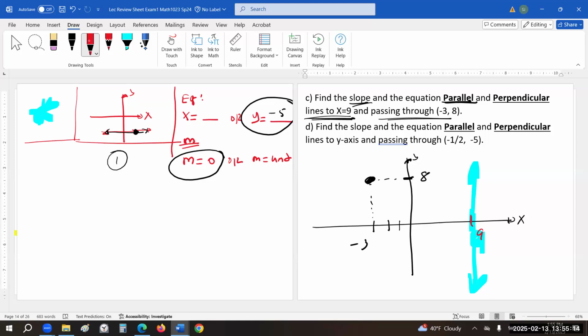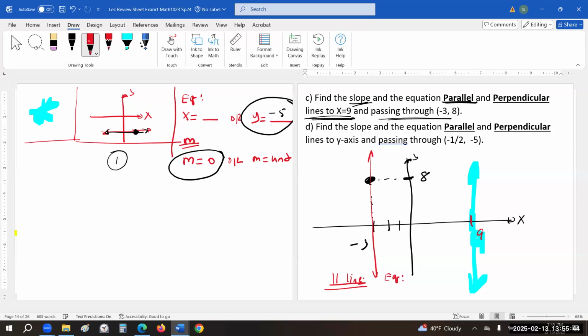Now, how are you going to draw a line that is parallel to this line but goes through this point? Another vertical line, right? So you draw a vertical line here. This is the parallel line. For this parallel line, you're going to find two things, the equation and the slope.